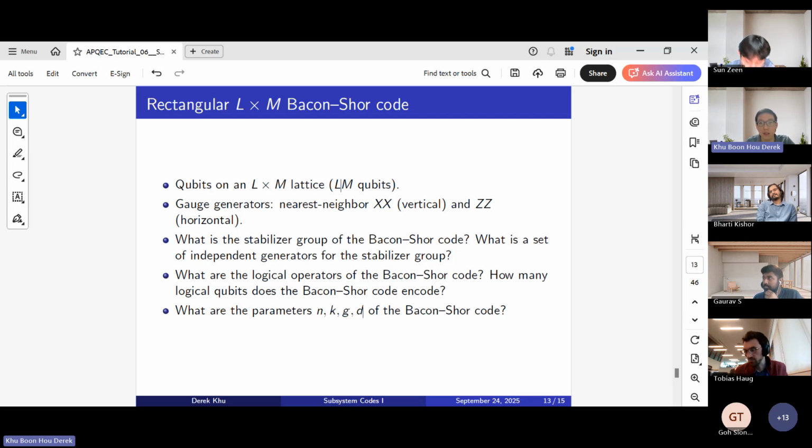And then d would be the distance, which is the minimum weight of a non-trivial logical operator. So look at the logical operators and think about what is the smallest possible operator. Once you have got this, check it with the case L equals M equals 3 and see if your answer matches that.